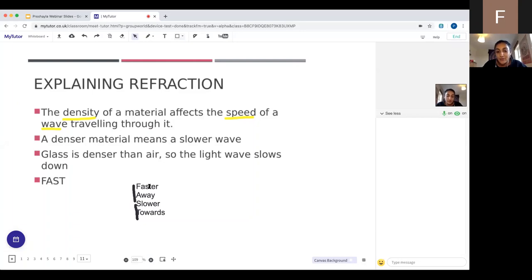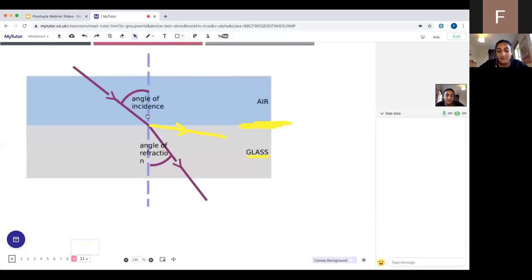It can't get through glass as easily as it can through air, so it must go slower. Because we have a slower wave, the light ray bends towards the normal. And that's exactly what we had in our diagram. The wave goes slower because it's entering a more dense material and therefore bends towards the normal. It's bending this way, not this way.